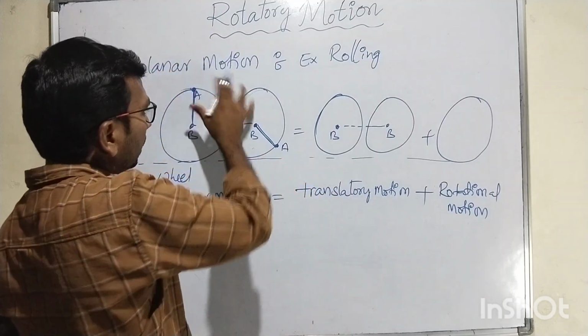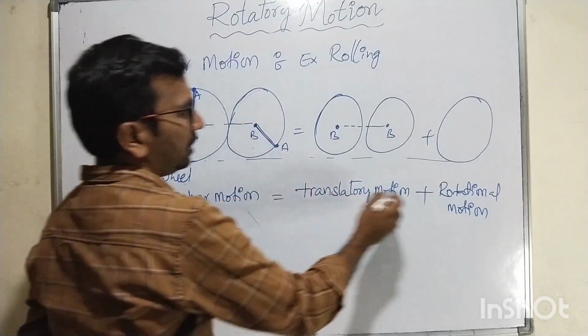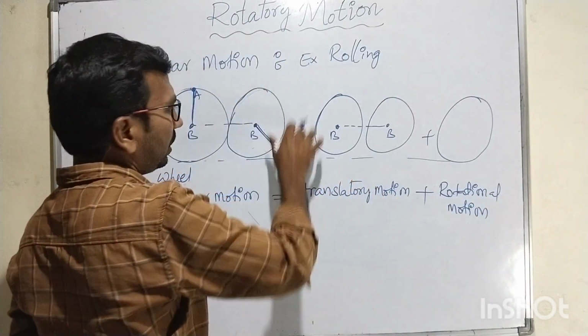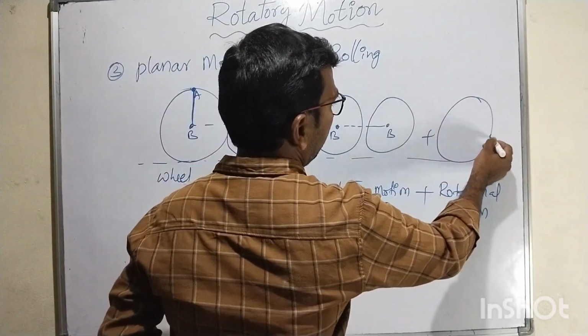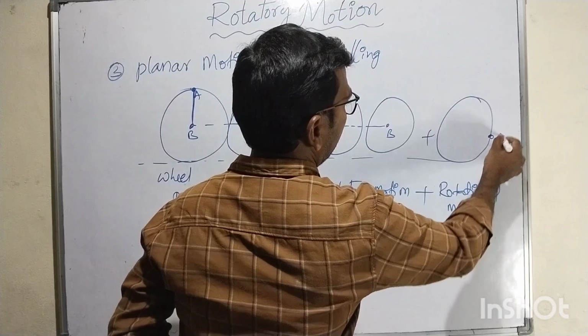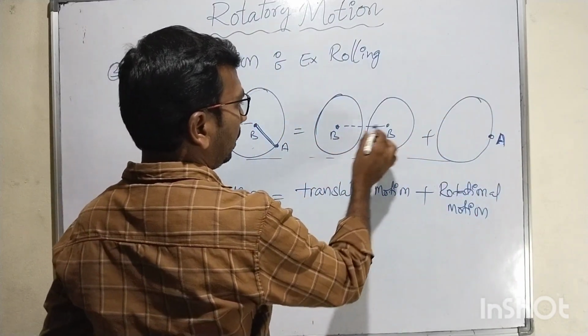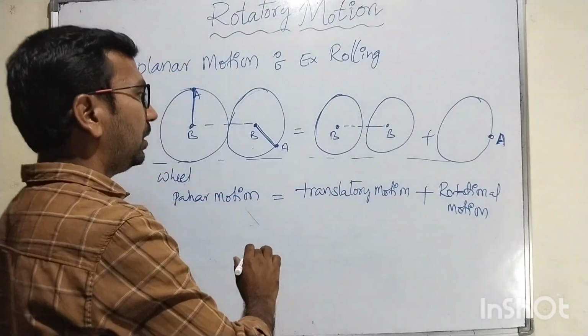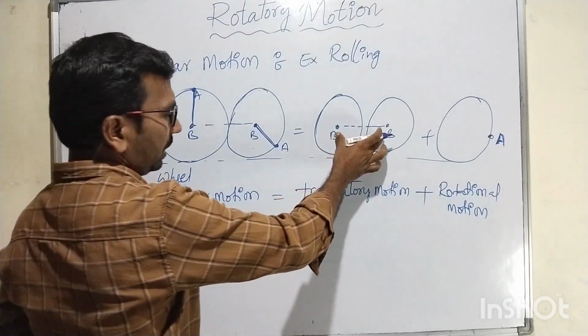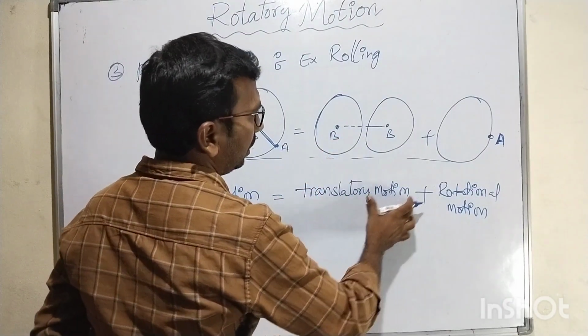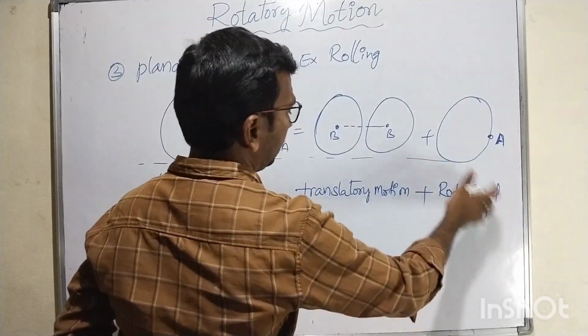But what about A? A is moving like a rotational motion, along a circular path. Thus point B does not move in a circular path. So point B moves in a translatory motion, and point A moves in a rotational motion.